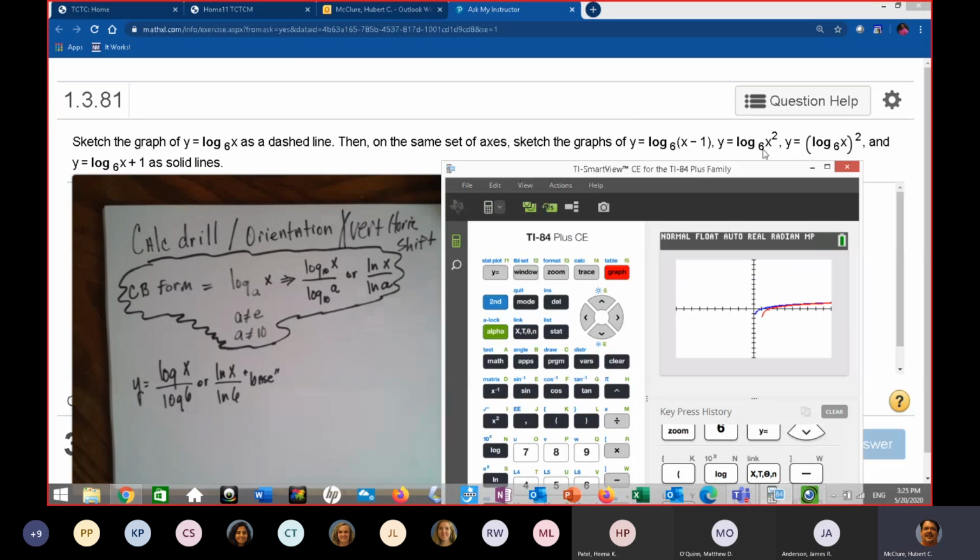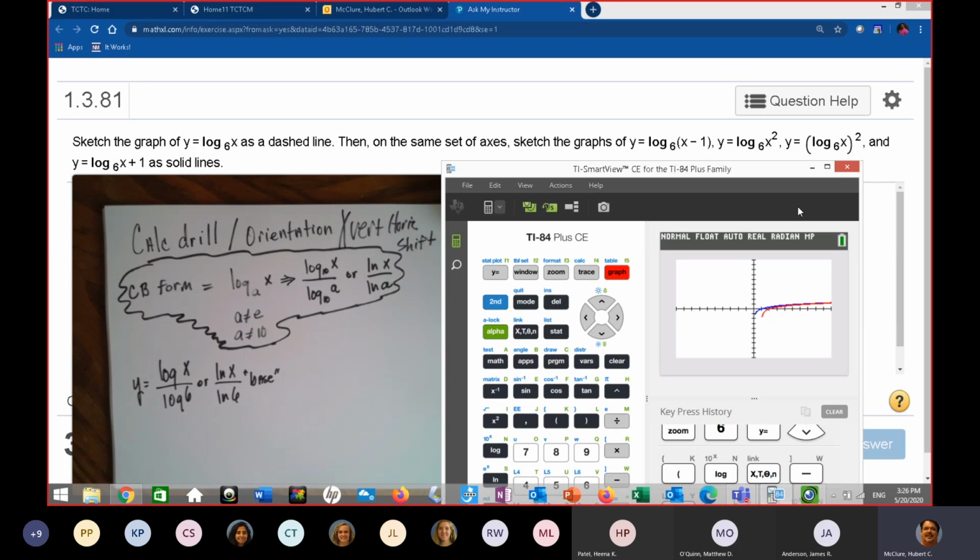Well, somebody look at your family of graphs and tell me what an x squared function looks like. Does it look like a half of a volcano or a full volcano? Everybody should have that, you know. Full volcano.